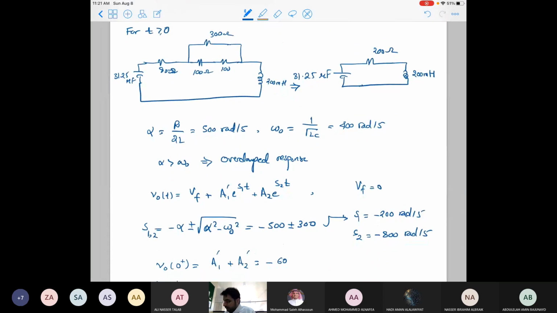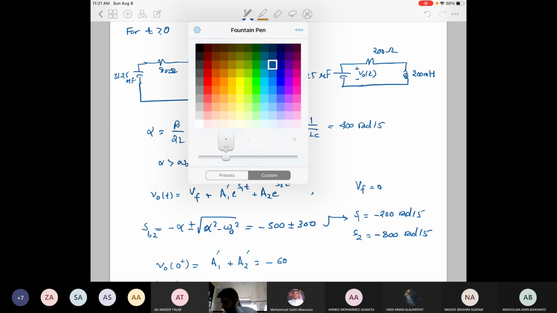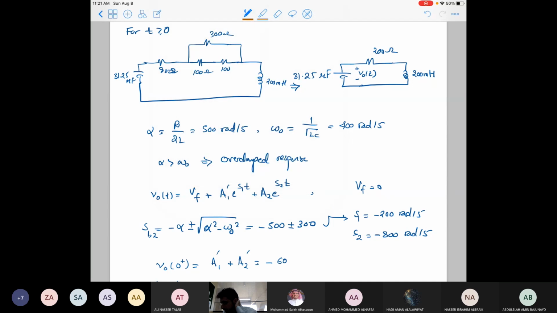So the current passing through the capacitor, this is the voltage across the capacitor. And the current that we know is the current passing through the inductor. For t less than 0, it was flowing in this direction.